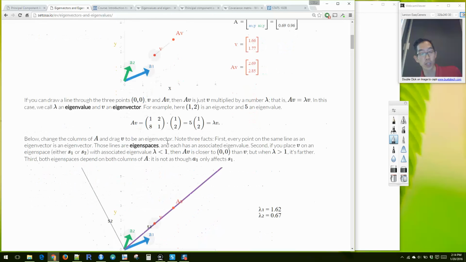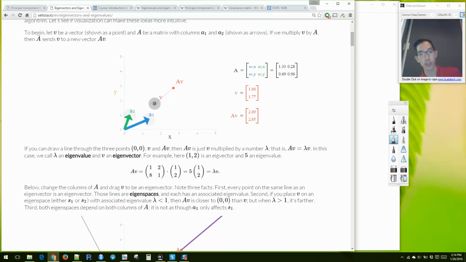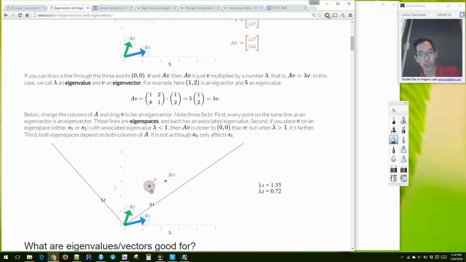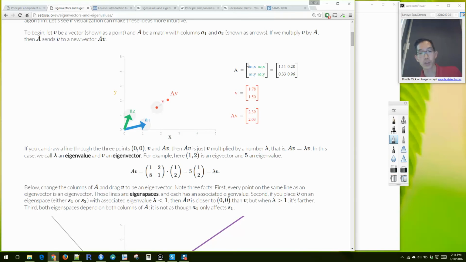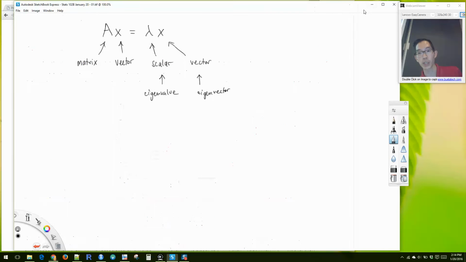So when you have eigenvalues and eigenvectors, what we're saying is that you don't need to apply the matrix to go from V to the point A times V. Normally you apply the matrix to make the transition, but if it lies on a straight line through the origin, then this entire matrix can just be replaced with the scalar. And that's what we've got.